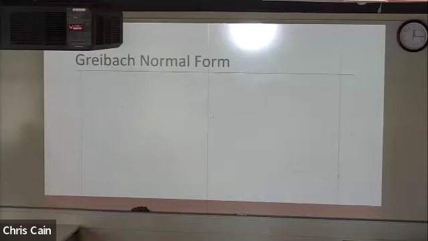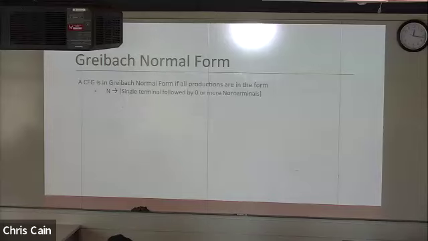I will briefly introduce the concept of Greibach normal form before we come back to it in a unit or two to talk about it in a little bit more detail. But just to give you the definition of what the forms are for it, any production is going to be a single terminal followed by 0 or more non-terminals. So it's kind of the exact reverse of the regular grammar, where if it was left linear, you'd have a single non-terminal followed by 0 or more terminals.